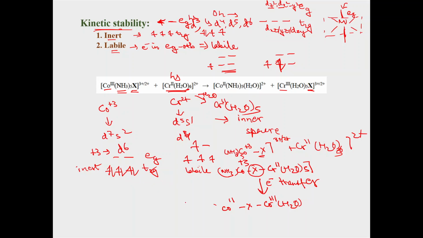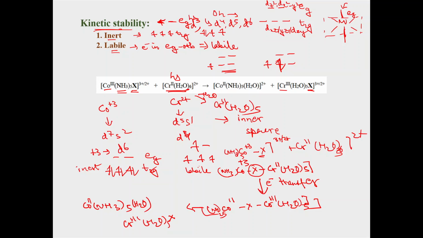So after this transfer, now since the cobalt 2 NH3 complex is coordinatively unsaturated, the water molecule which was released in the first step of the reaction will coordinate with this cobalt and it will give this complex, and the other complex which we will get is chromium 3 H2O 5 and this X. So this is how the inner sphere mechanism takes place.